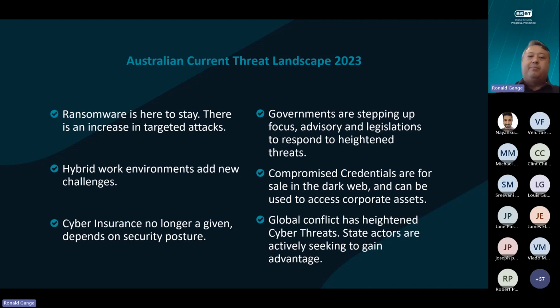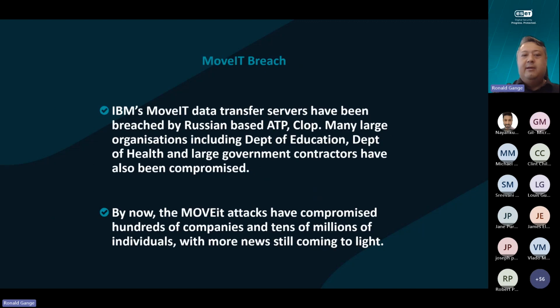The last thing is that global conflict has also changed the nature of cyber threats. Nowadays, state actors are actively seeking to gain an advantage against countries they're opposed to, and cyber warfare has really moved out into the open. Most recently, on my next slide, in the US, MOVEit data transfer servers were breached by a Russian-based APT called CLOP.